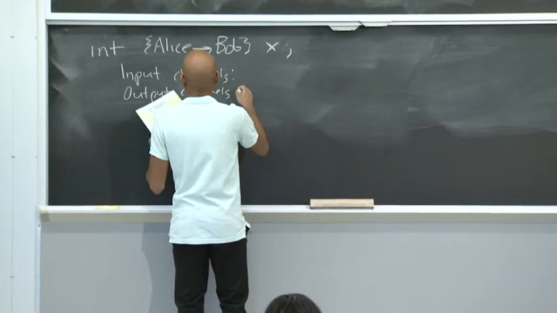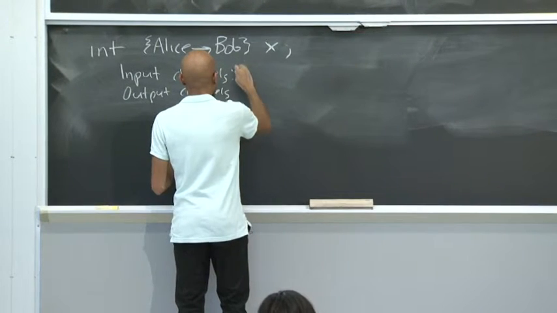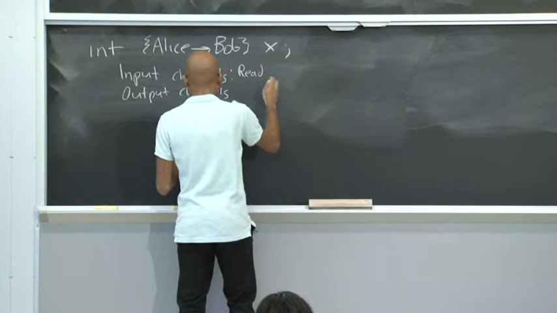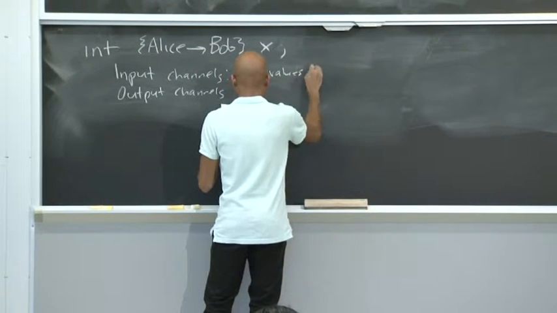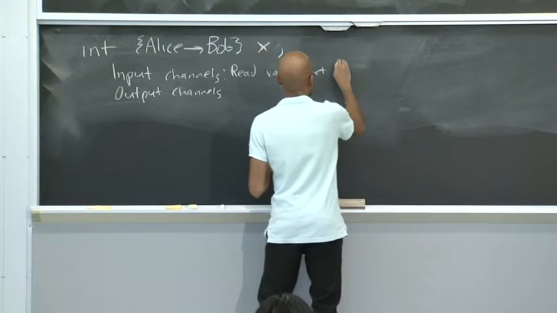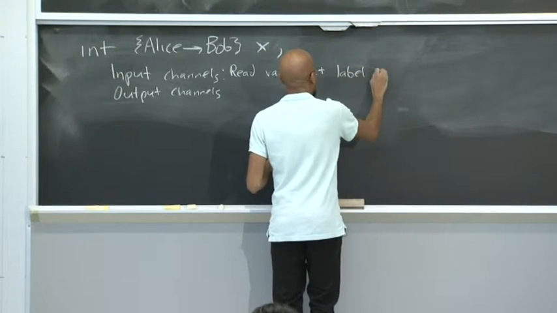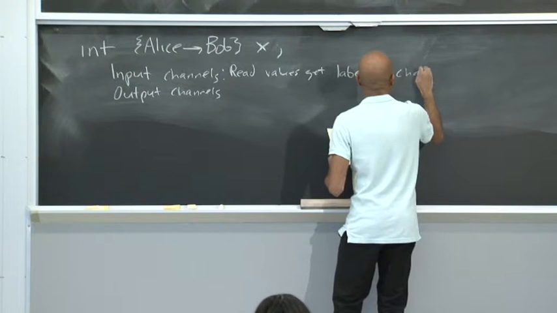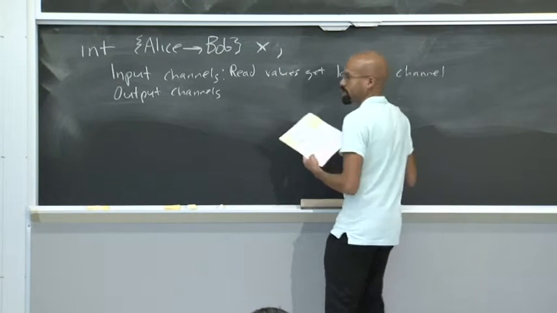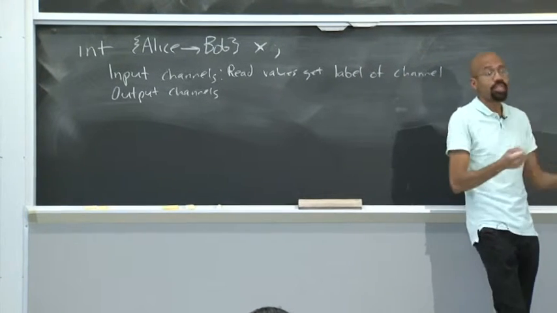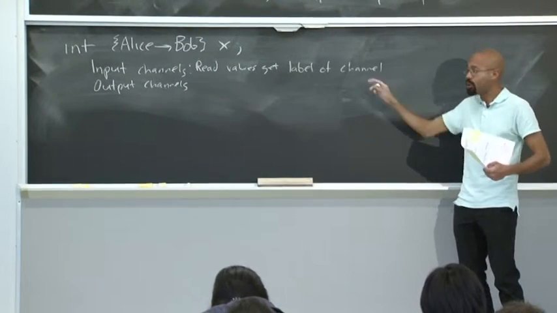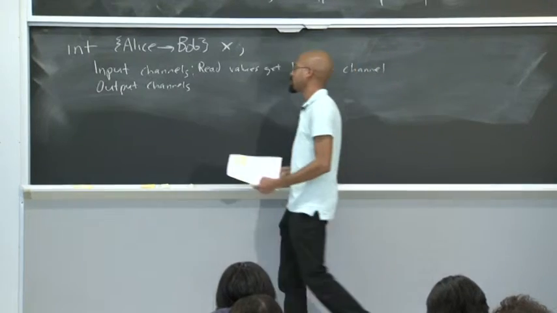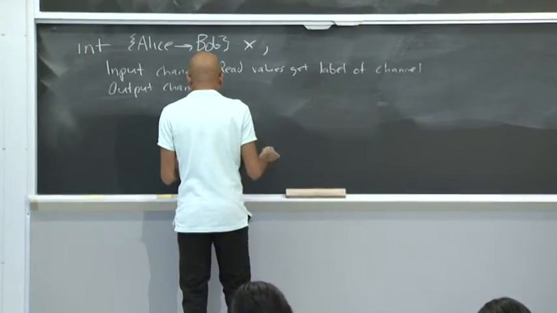So maybe you say, for input channels, the red values, maybe they get the label of the channel. And that's very similar to how TaintDroid kind of works right now. So for example, if you read something from the GPS, that red value gets the taint of the GPS channel. But now you as the programmer actually get to choose what those labels are.